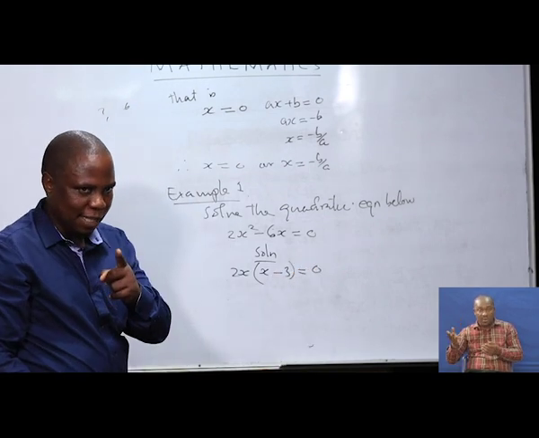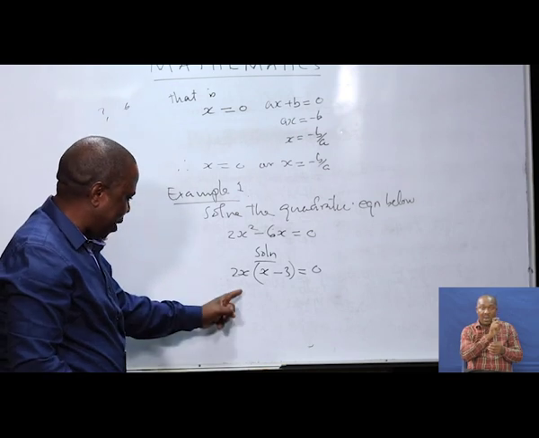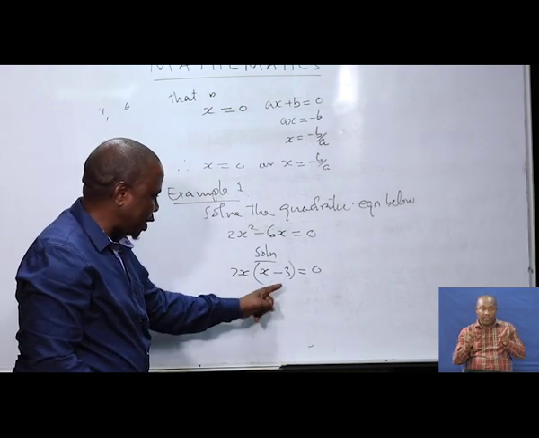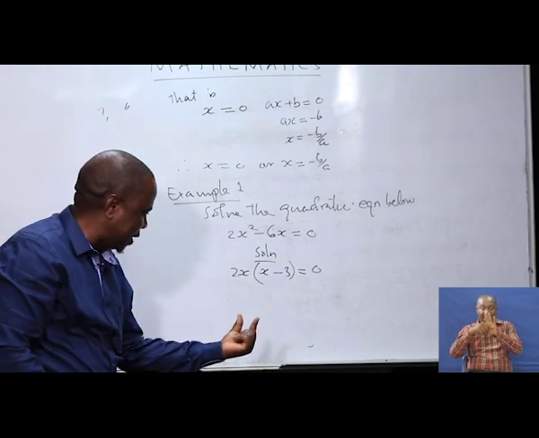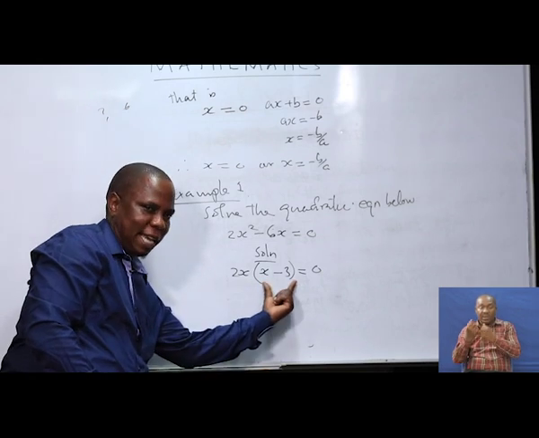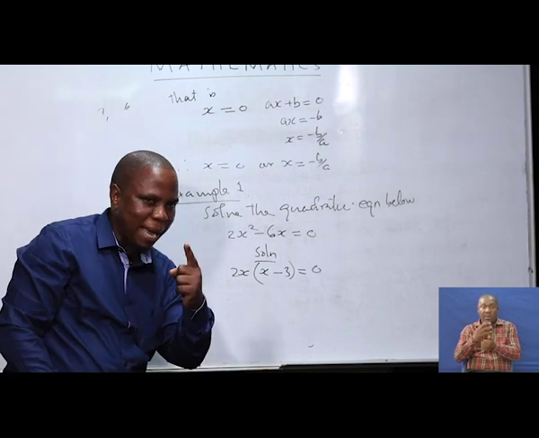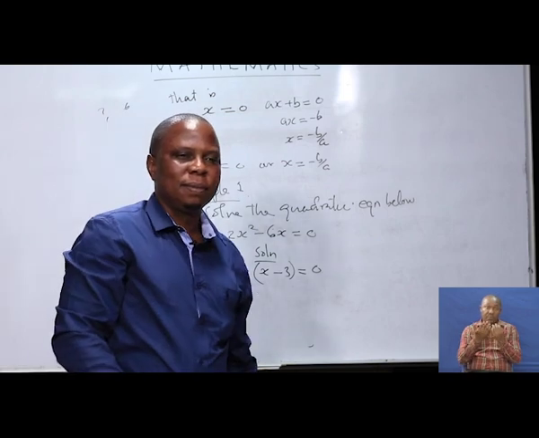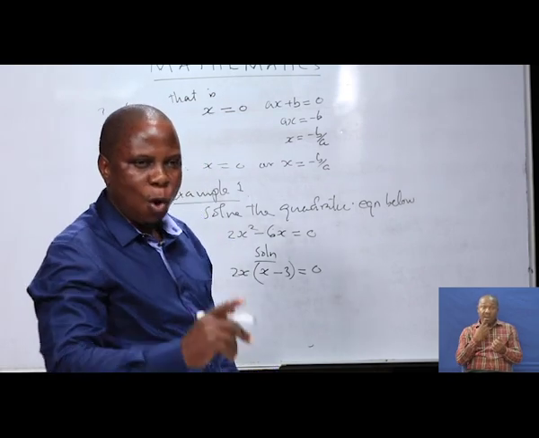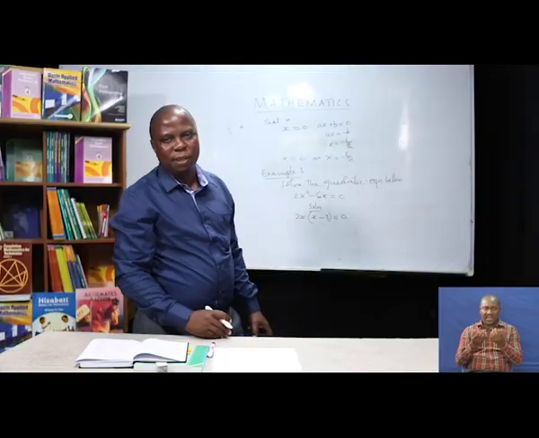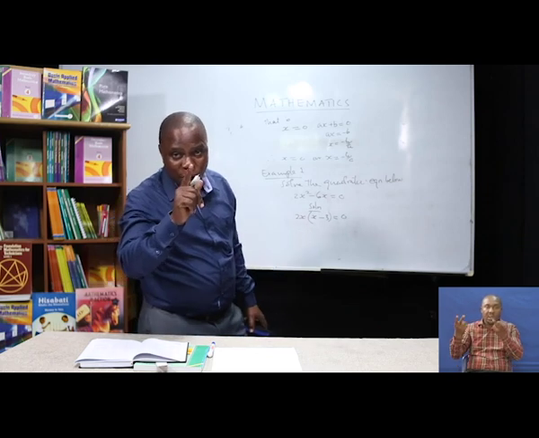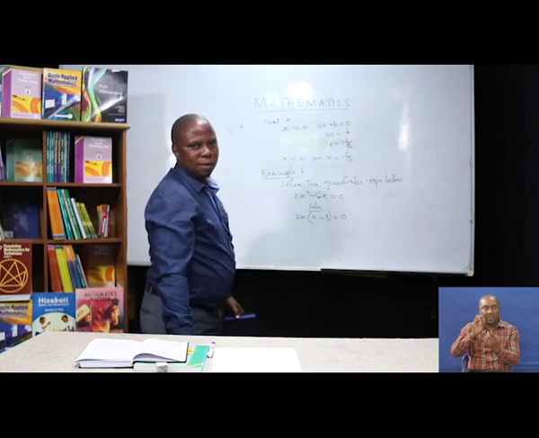We are solving for x. For the product of two numbers, here we have two numbers now. We have this one here and we have this one here. For the product of two numbers to be 0, what have I said? At least one of them, if not all of them, should be equal to 0.